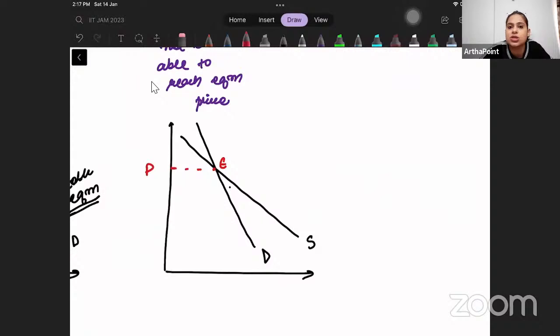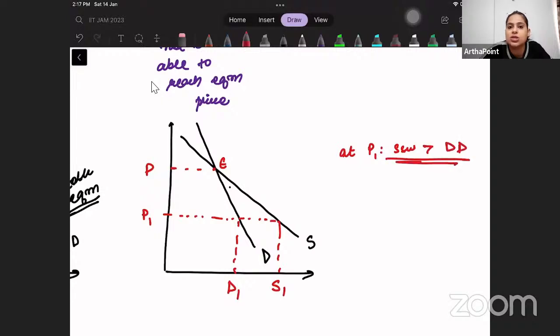This is the price. But I am going to go ahead and ask the question, what happens when I reach any other price, like P1? What is happening at P1? At P1, we have supply which is greater than demand. So at P1, supply is more than demand.